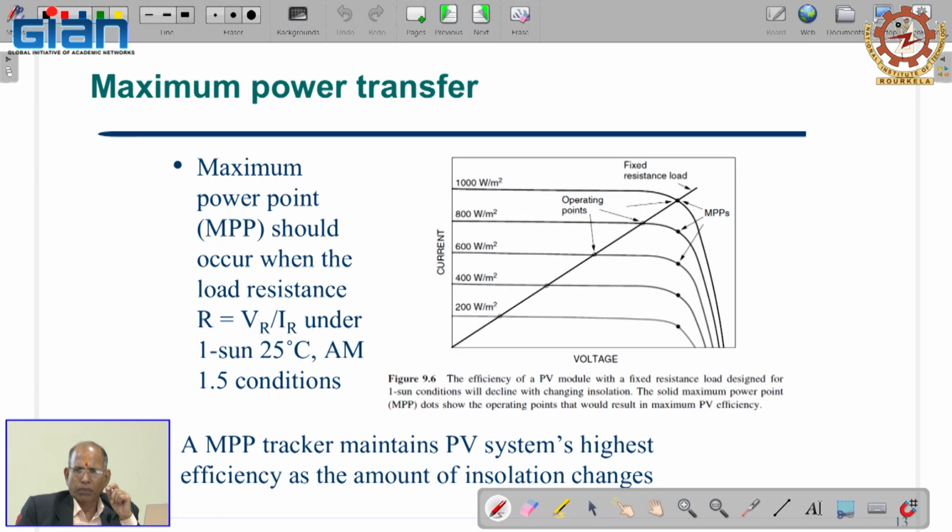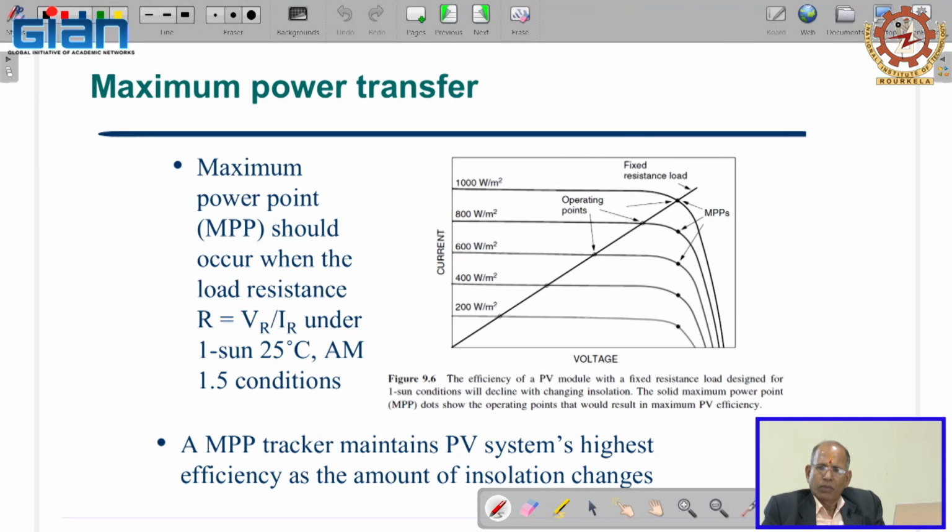As we said, the insolation level changes during the day: very early morning, 10 a.m., 11 a.m., 12, 2, 3, 4, 5. You'll see that the sunshine keeps on changing. In the early morning we have lower insolation, say 200 watt per meter square. Around 10, it can be 400.